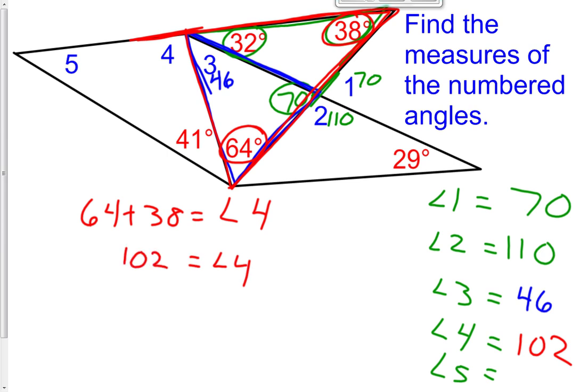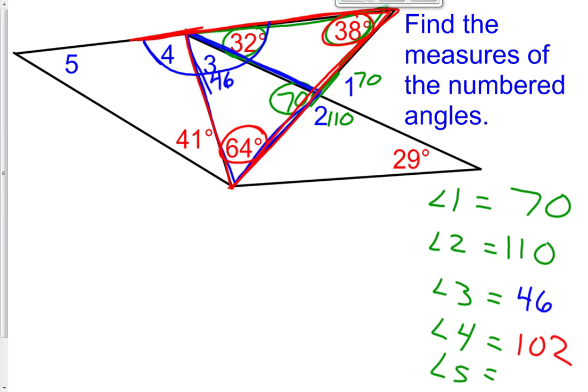Another way that I see this one, if you didn't see that exterior angle theorem, I would also say that 32 plus 46 plus angle 4, those three angles together make a line. And a line is 180 degrees.